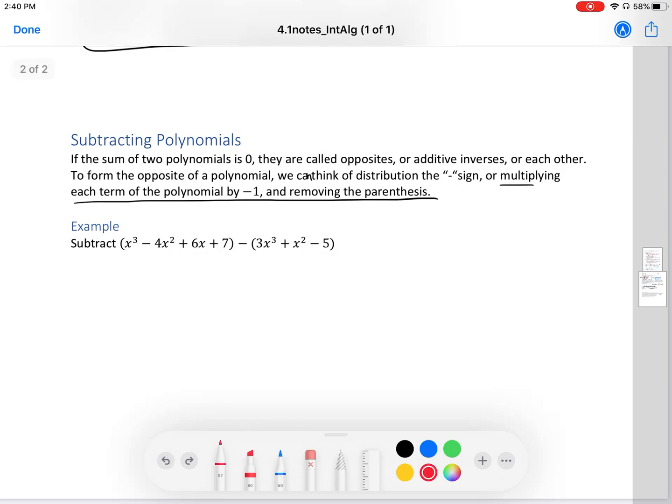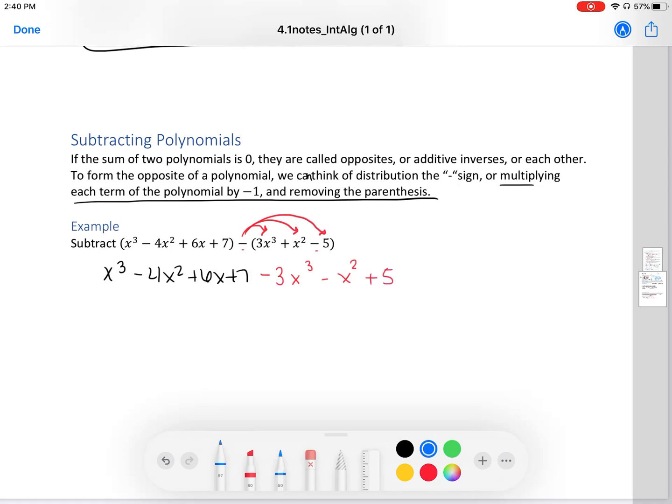So our instructions are telling us to multiply in that negative and change the sign of each term and then drop your parentheses so that you have x to the third power minus 4x squared plus 6x plus 7, and let's multiply in that negative, which all it does is cause a sign change. So we have minus 3x cubed minus x squared, and then negative times a negative, we get plus 5.